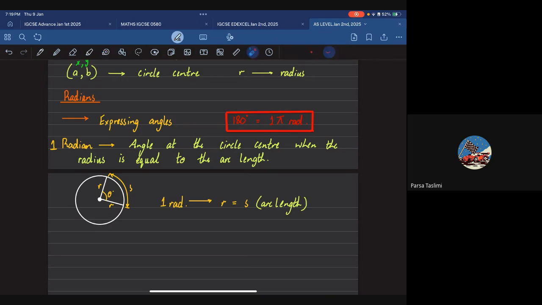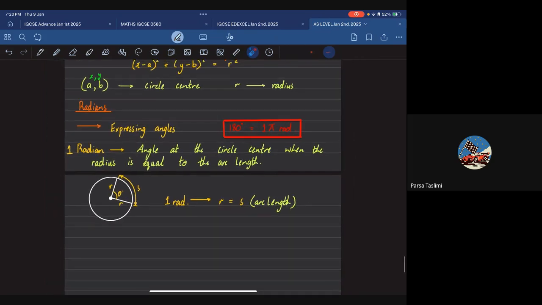You just need to know that 180 degrees is equal to pi radians. And one more thing, it is always measured in terms of pi. So we are always measuring radians in terms of pi.